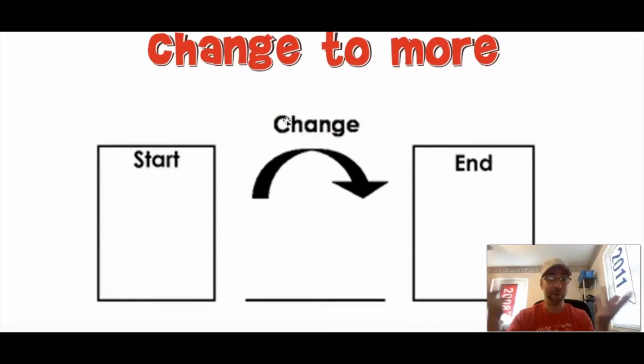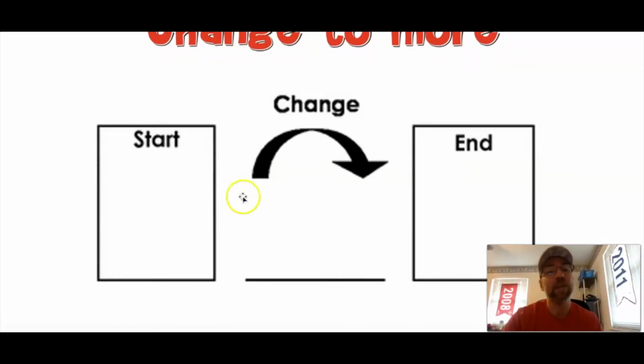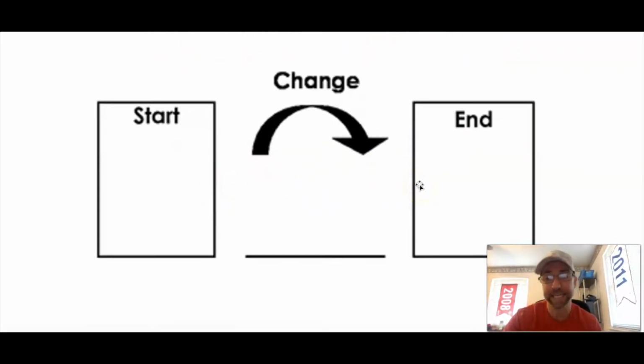Am I getting more? That's a change. And then we have the end. What do we have after our change? What do we have at the end of the story? This diagram is going to really come in handy today because we're going to take those number stories and use the diagram to help us solve some problems.